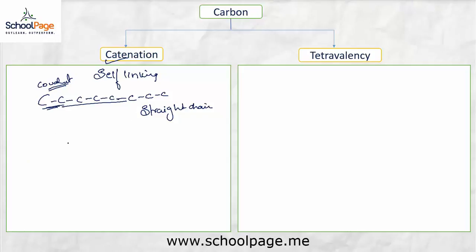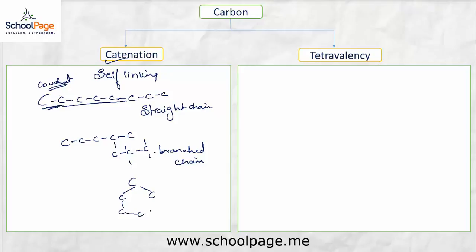The second is the branched chain, when the carbon-carbon chain branches in some places. This is a branched chain. And the third structure formed can be a ring.